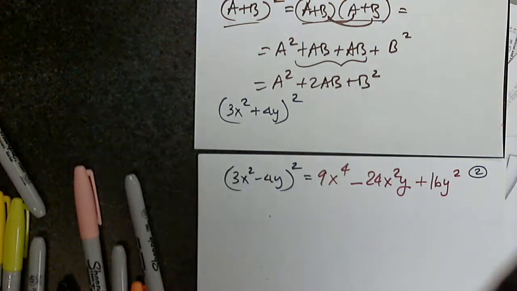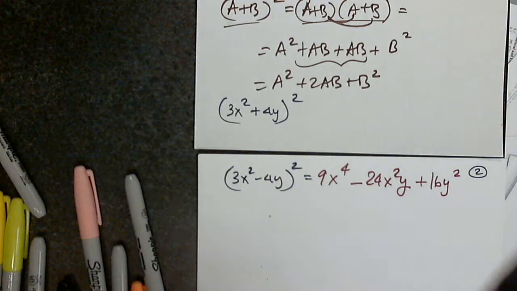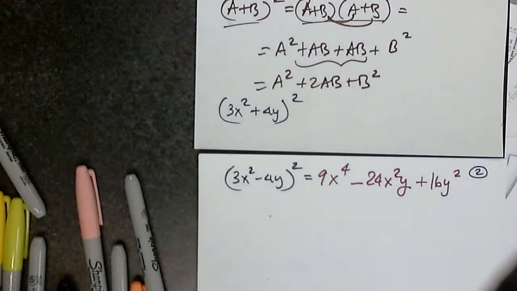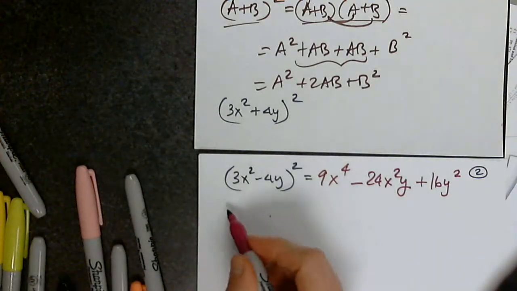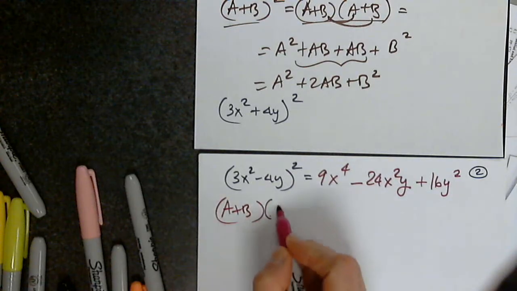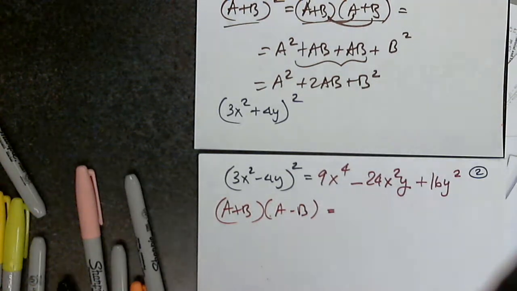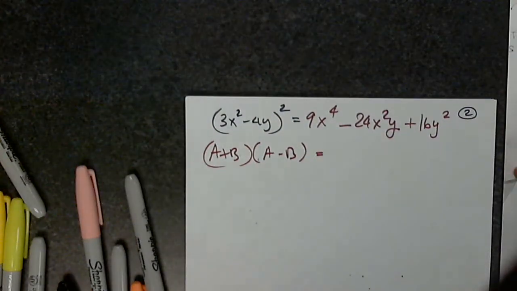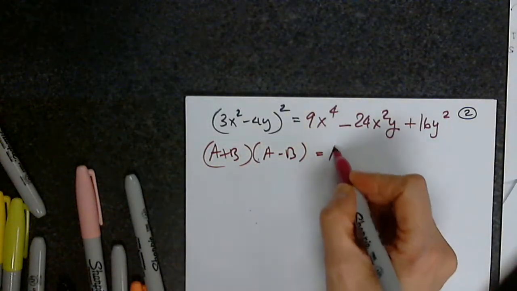Okay, the last formula in our agreement is this. Let's FOIL it this time, but never again. So a plus b times a minus b. Let's FOIL. What will you write? A times a. Perfect.